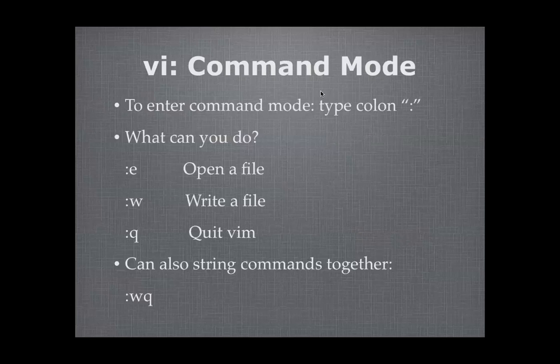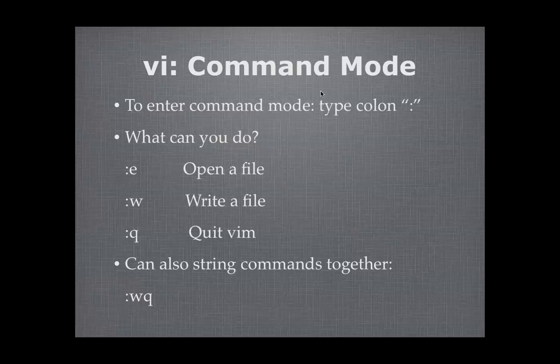Okay. So I'll talk first about command mode, and you enter this by typing colon. And this is kind of where you really interface with VI itself. So you can type colon E, that'll open a file. So you type colon E and then you give it the name or location of the file. You can type colon W, and that'll write the file to disk.